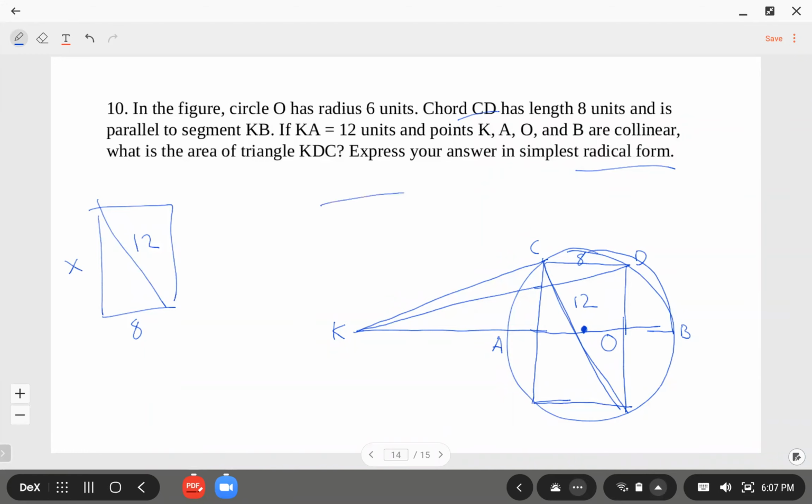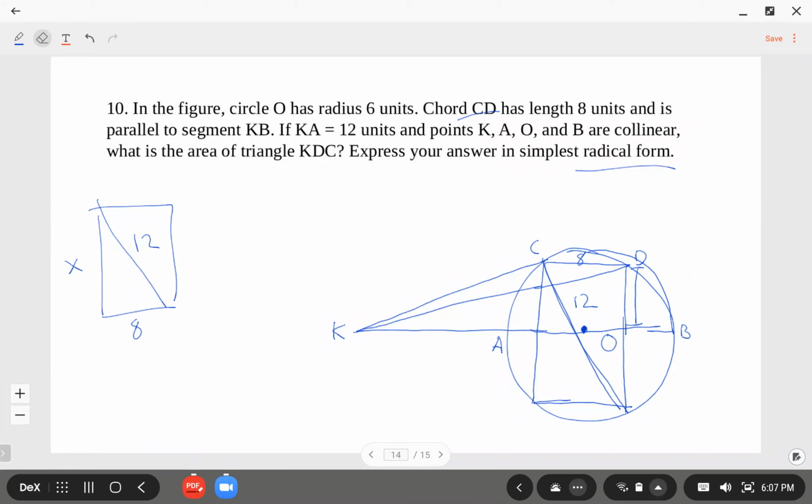Because we have a triangle right here. We have 8, and what we need is the height. This right here is exactly 1/2 of this other side. So once you get that other side using the Pythagorean theorem, we have the height, and then we can use that to get the area of the triangle.